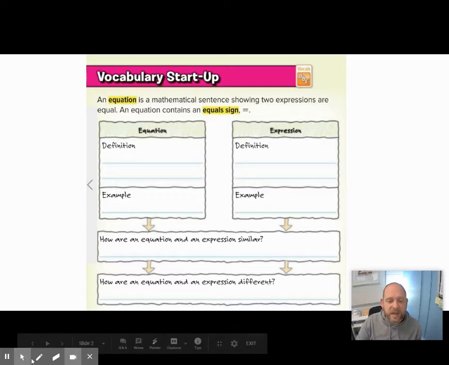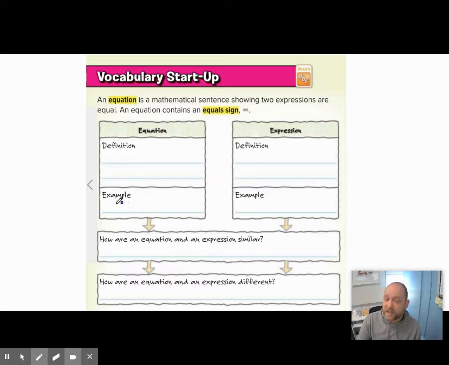So if we wanted to do that, let's get my pen here. I just need something containing an equal sign and two expressions. So I could say 3 plus 3 equals 6. This is an equation because 3 plus 3 and 6 are expressions.